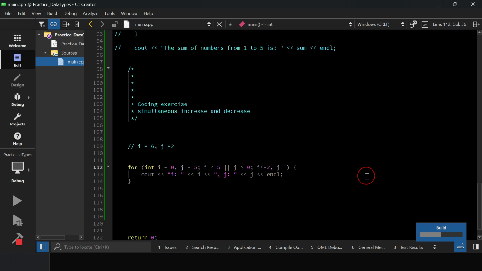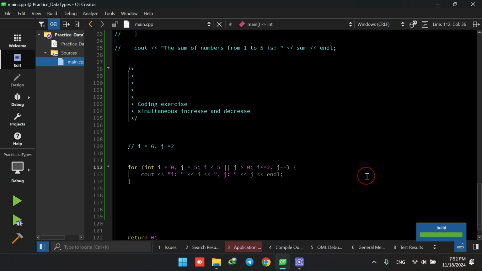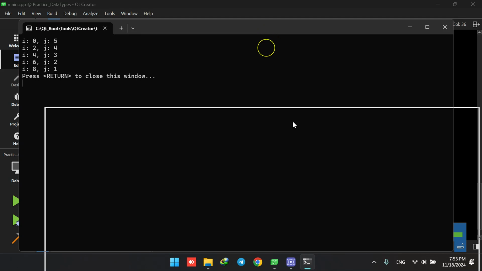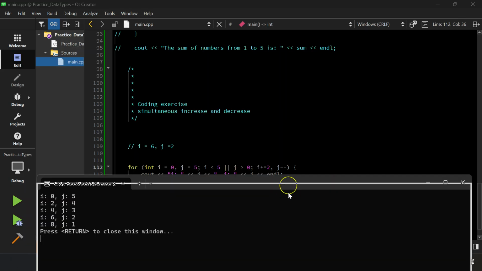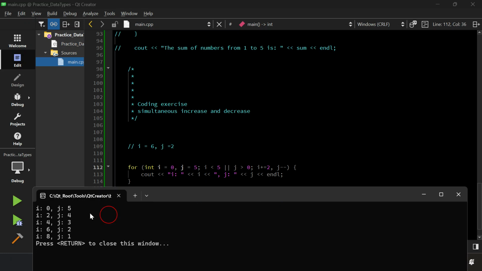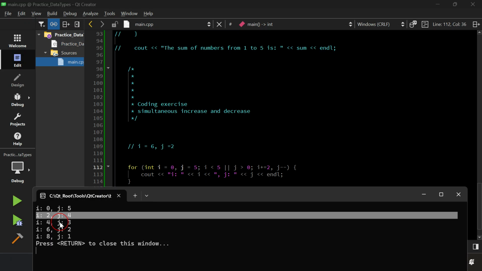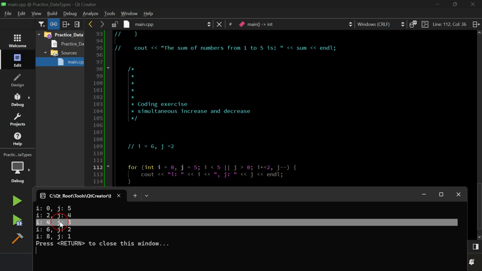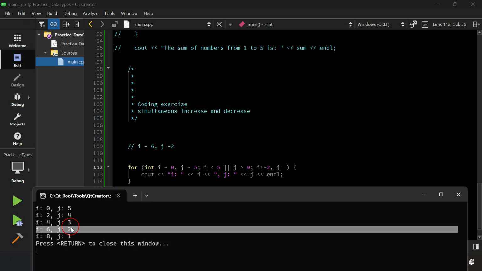You see the difference here? So you see, first i 0, j 5, then i 2, j 4, then i 4, j 3, and in the next round, i 6 and j 2.